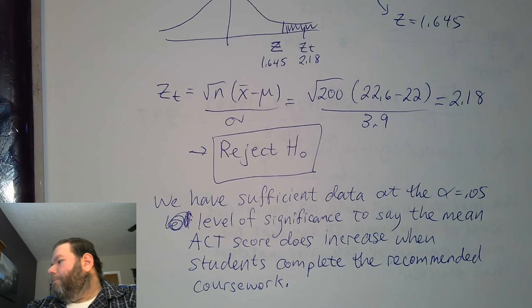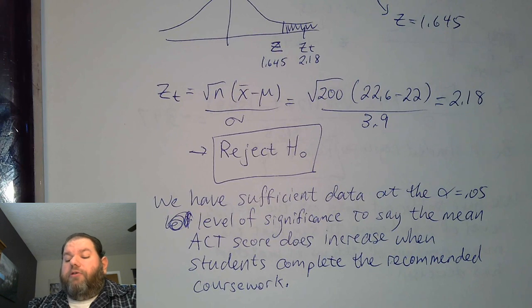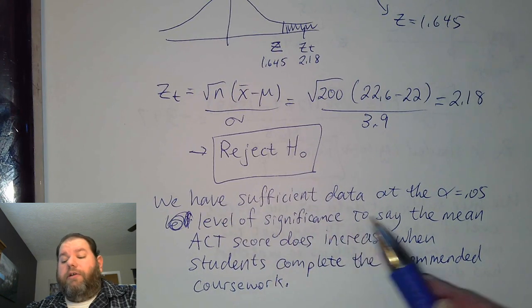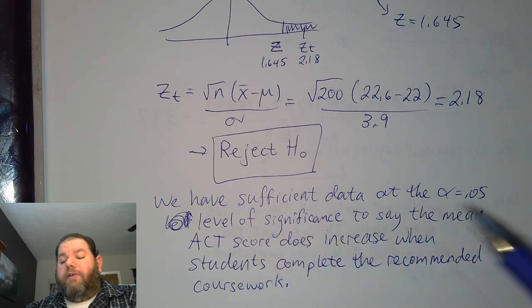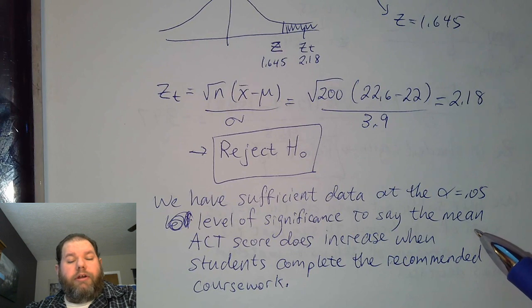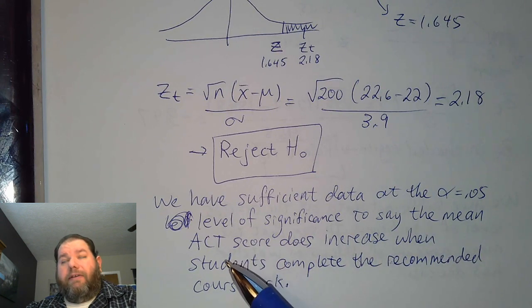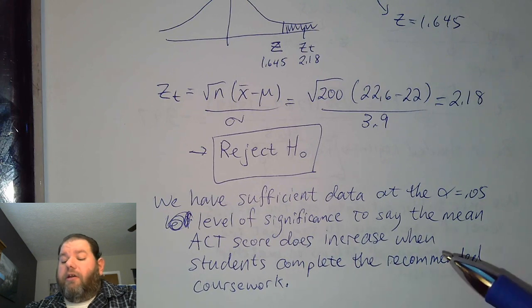Okay. So again, that's our conclusion. We make sure we say, since we rejected H0, that means we do have sufficient data. We mention the level of significance, and then we state our H1 claim, which we're now accepting. The mean ACT score has increased.